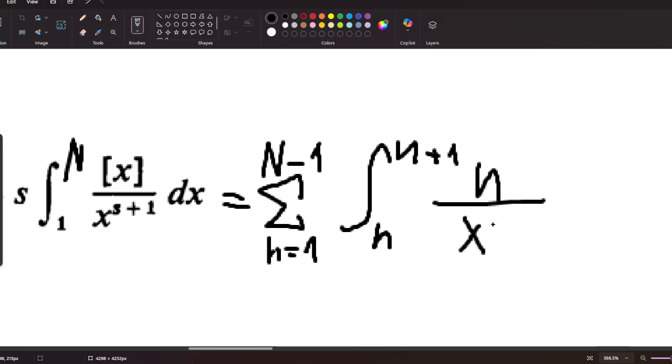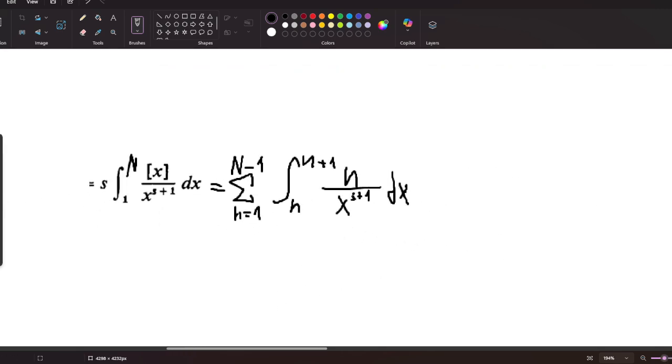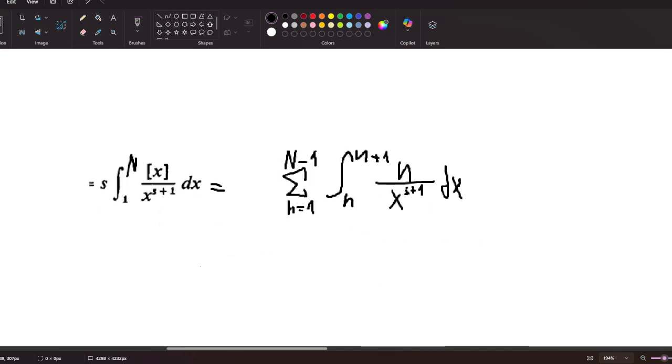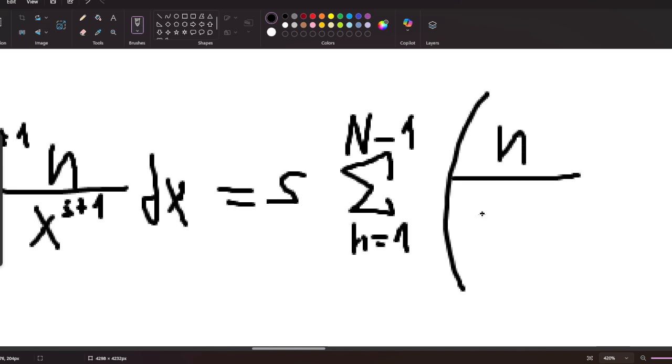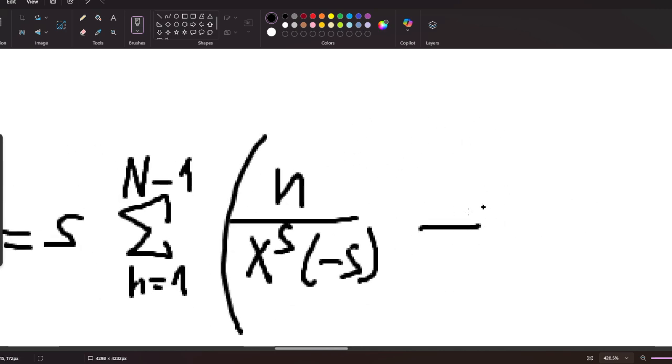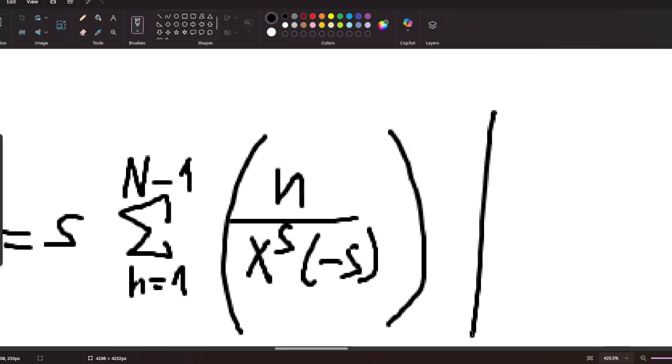And in the denominator we have x to the power of s plus 1. We have dx here. Alright, and I also lost s here, sorry. Now if we were to integrate this, then we get a difference, n over x to the power of s times minus s. Okay, and you have a difference n plus 1 here and here.